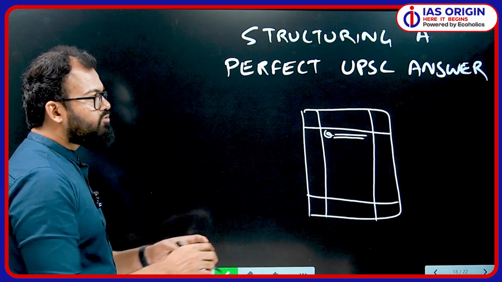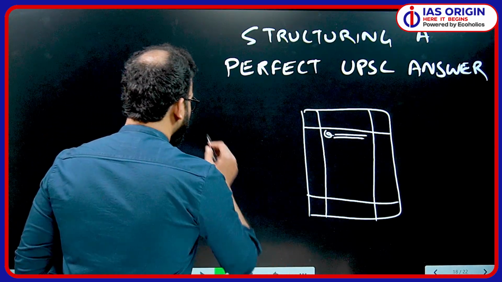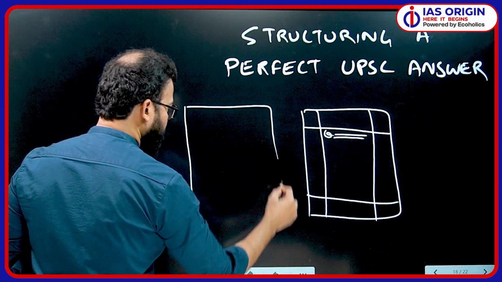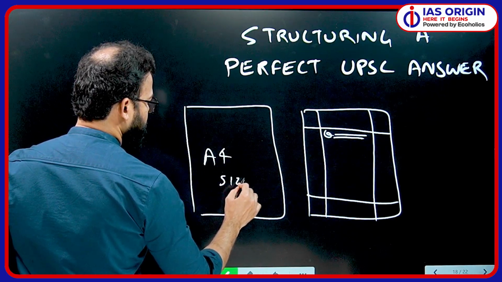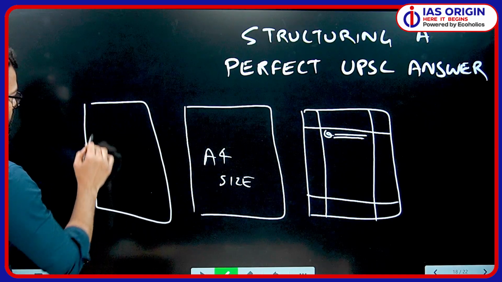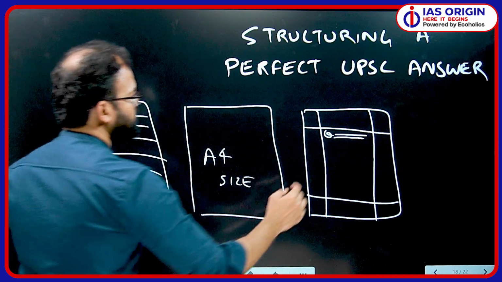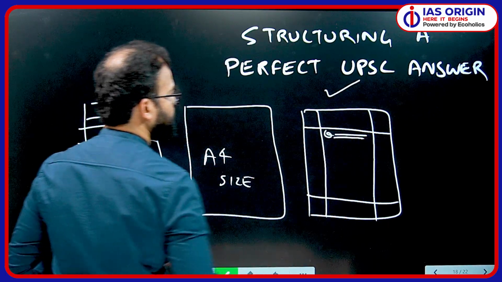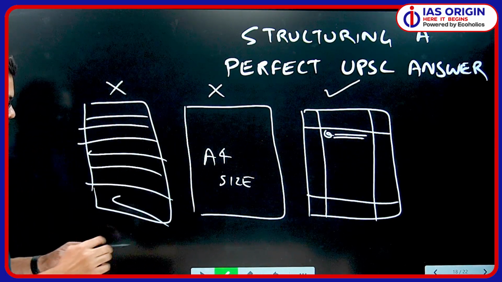On the borders, you have to leave space, because that is for administrative purposes. But if you write answers on a full A4 size sheet, or do your answer writing practice on ruled lines, again, you are going to struggle for sure. So don't write on this, don't write on this, first thing.